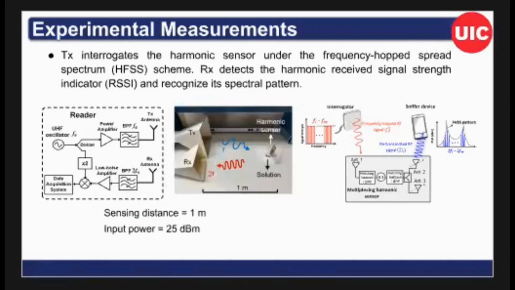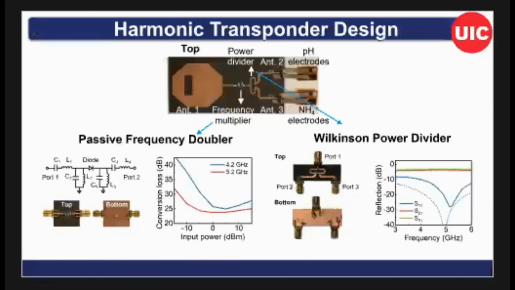We send a monotone at a hopped frequency to the sensor, and the sensor receives the monotone and transmits the second harmonic. The two antennas I showed earlier act like a filter.